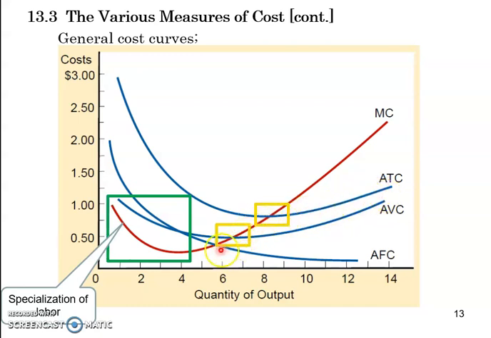When MC stays below the ATC or AVC, both curves are sloping downward. If we can prove that, then we would be confident that MC crosses the bottom of these two average cost curves. Now here it's actually pretty easy to prove that.